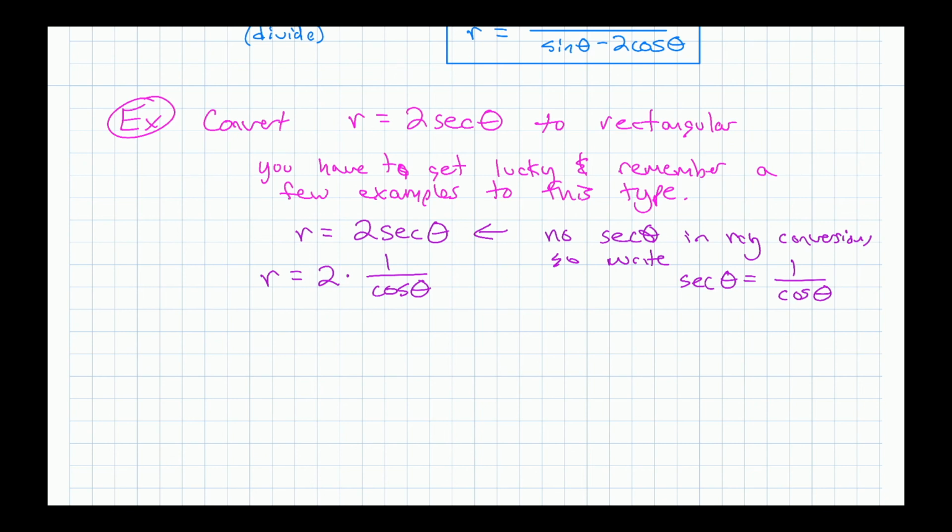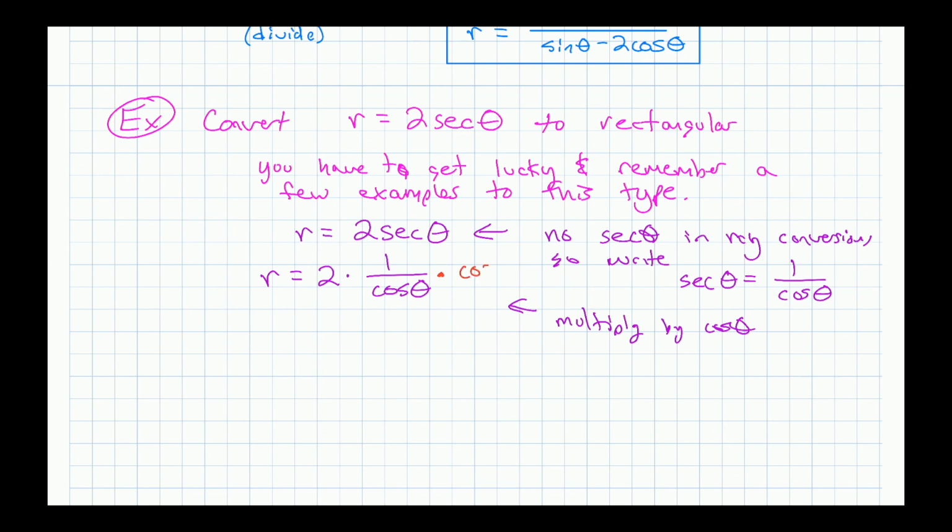And then once you see that you've got this 1 over cosine theta, I can say, well, if I can get the r and the cosine theta together, they'll make an x according to my conversion factors. So we'll try to multiply this by cosine, and we'll see what that does for us.